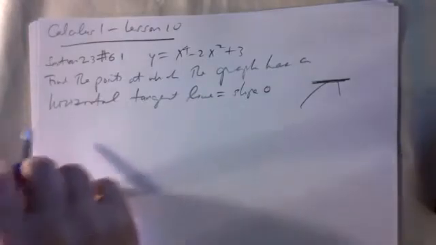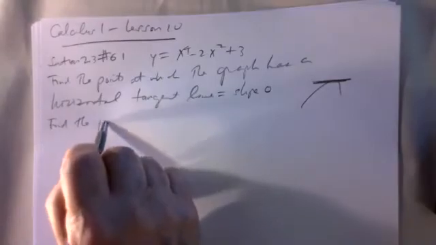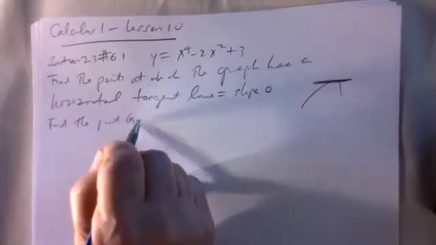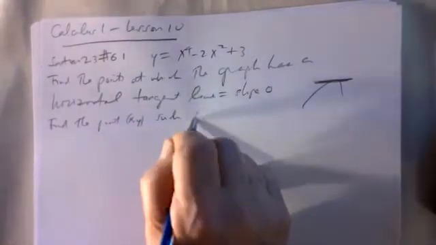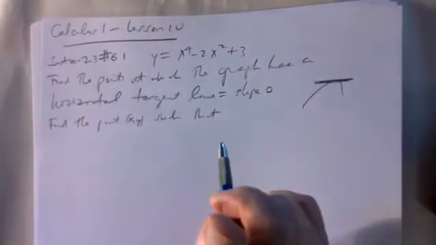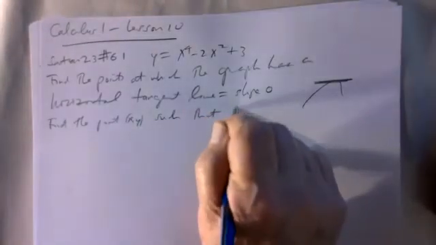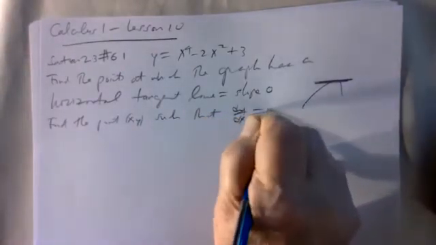So you want to find the points x, y such that the slope of the tangent line, what is the slope of the tangent line? It's the derivative, such that dy/dx equals 0.